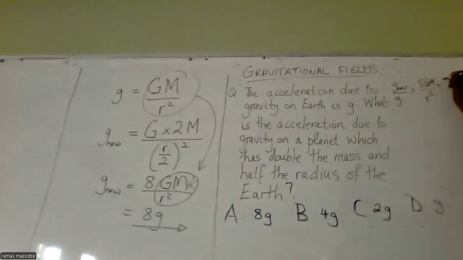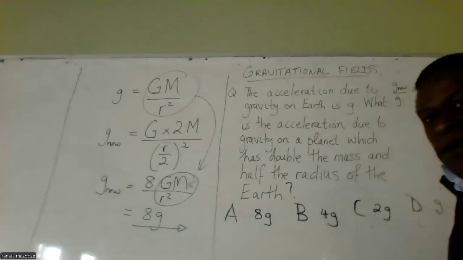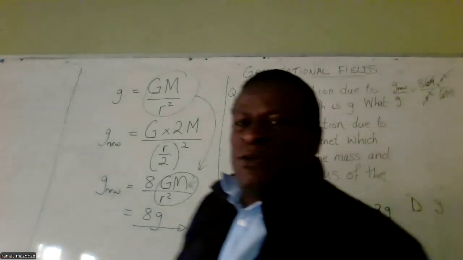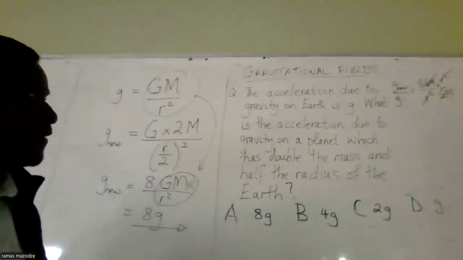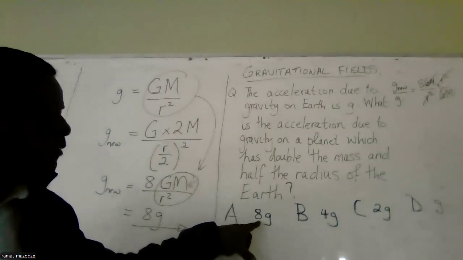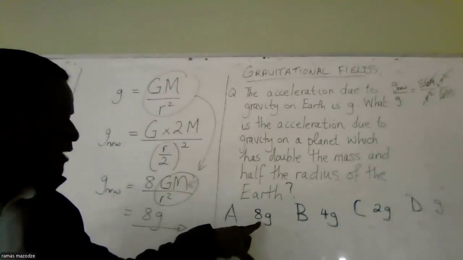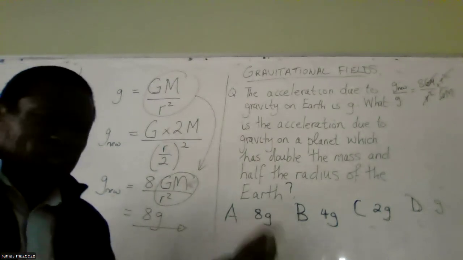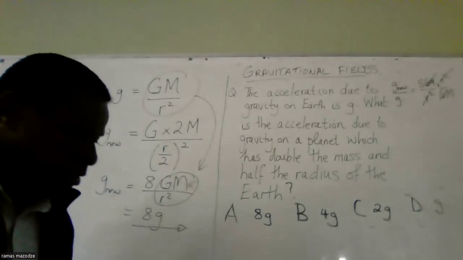When you divide by a fraction, you invert the fraction and multiply, so it will be times R squared over GM. Then you cancel the R squared, and cancel the GM. When you do that, you see that you increase your g by 8. So that's how they ask them. Sometimes they can say 8g, or they can actually put the actual figures. So the answer was 8g, so if you get 8 times 9.8, the answer could be in meters per second squared.